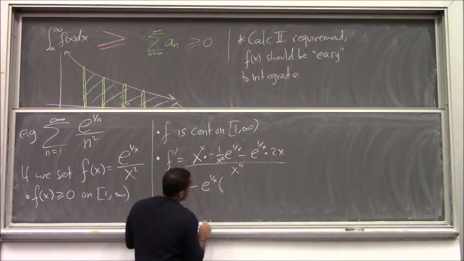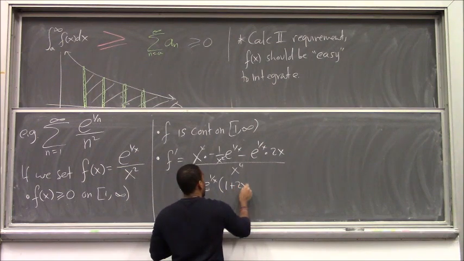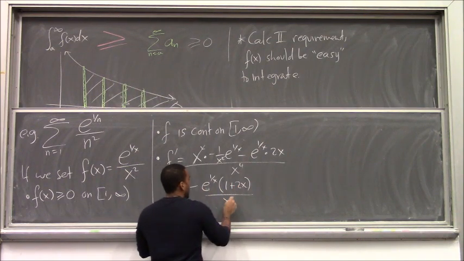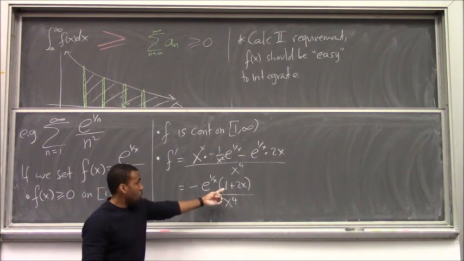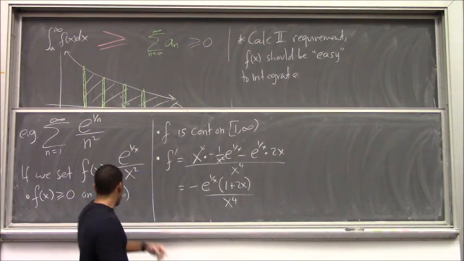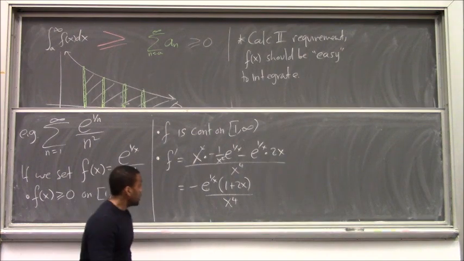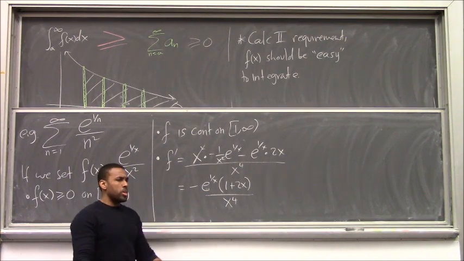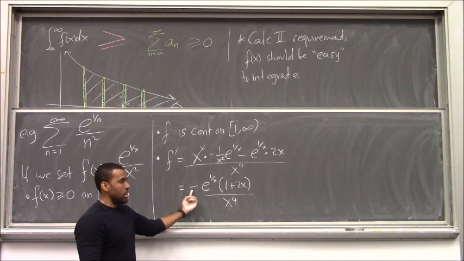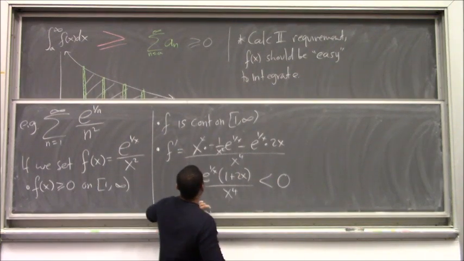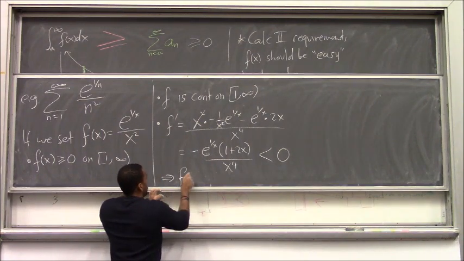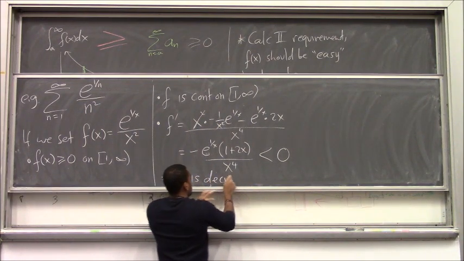That cancels that. It's going to be 1 plus 2x over x to the 4th. Now, x to the 4th, always positive. 1 plus 2x, always positive when your x is 1 or larger. e to the 1 over x, always positive. But then we have a negative sign out here, which means this is always negative. So f is decreasing.